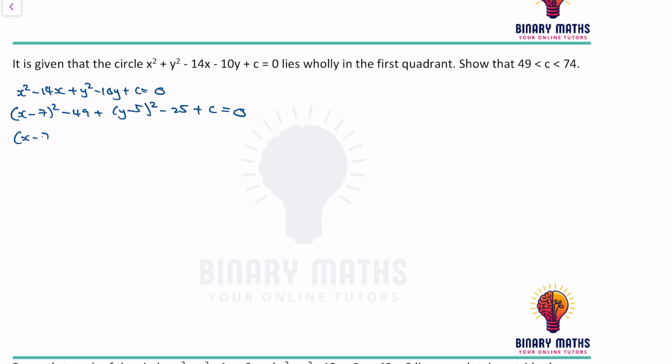If I collect the constants together, negative 49 take away 25 gives me −74 + c = 0.